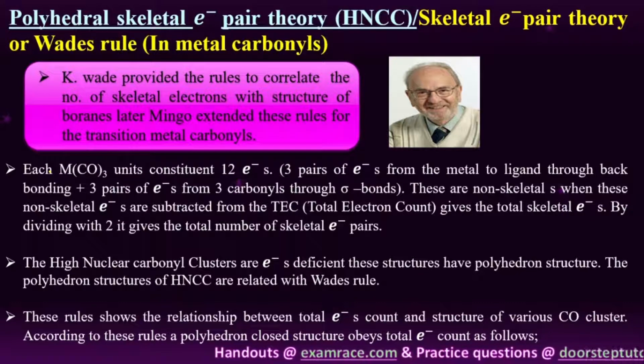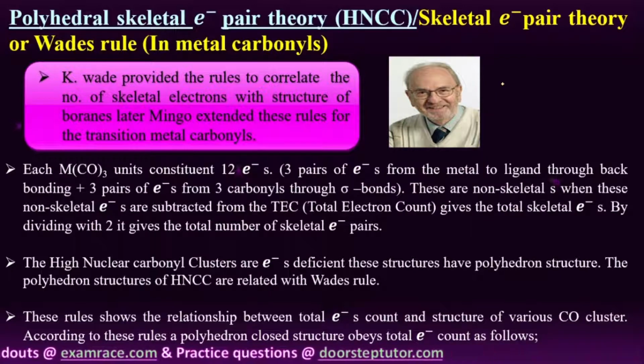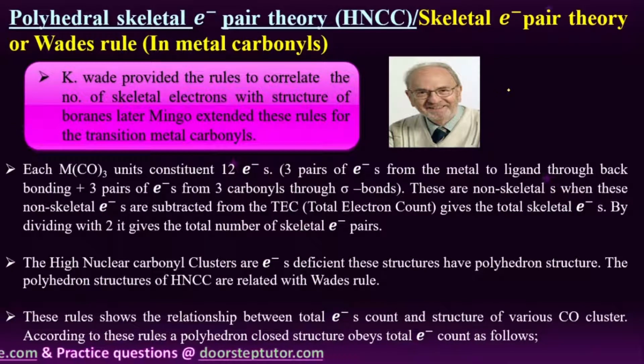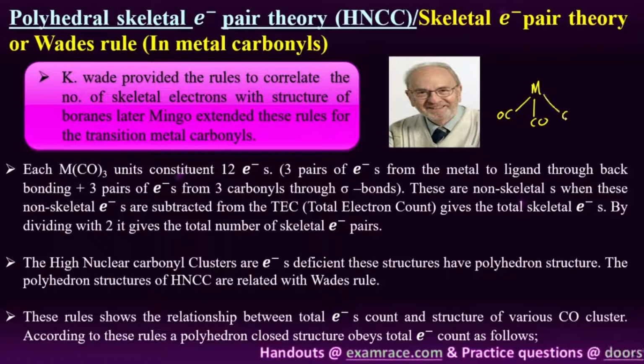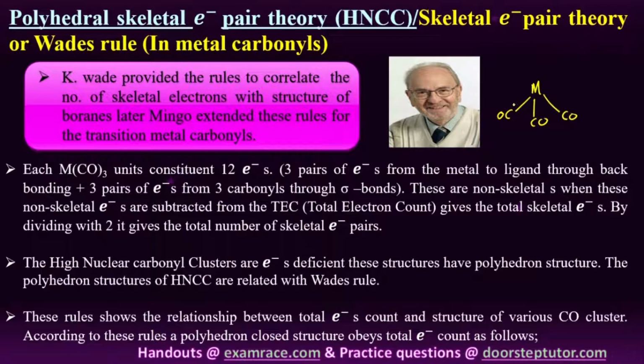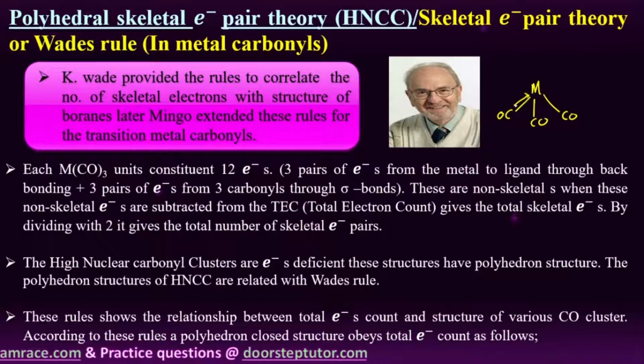Generally, in metal carbonyls, each M(CO)3 unit constitutes 12 electrons. You can see here, three CO ligands, with back bonding from metal to carbonyl.